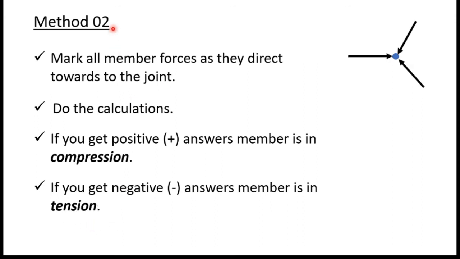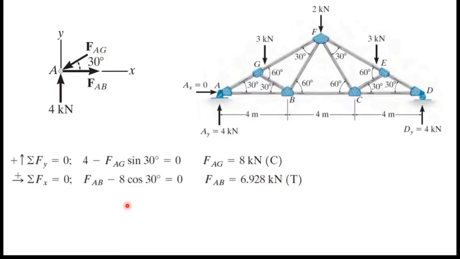That is method 1. Method 2: mark all the member forces as directed towards the joint, like this diagram. Then do the calculation. If you get positive answers, the member is in compression. And if you get negative answers, the member is in tension. So you can use method 1 or method 2. If you use those methods, you don't have to worry about the equilibrium of the joint. Just mark the member forces and do the calculations, and according to plus or minus you can decide compression or tension.